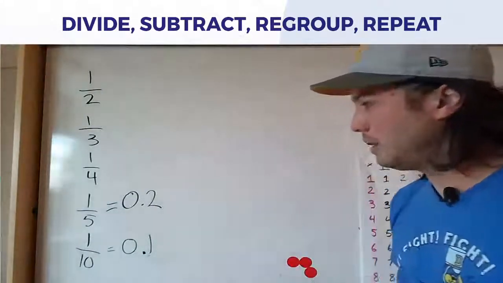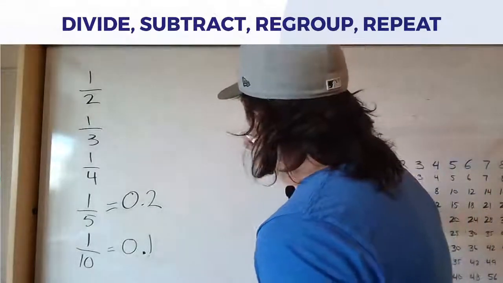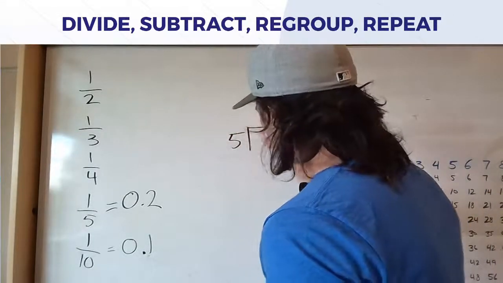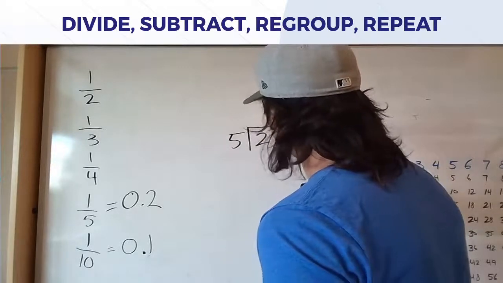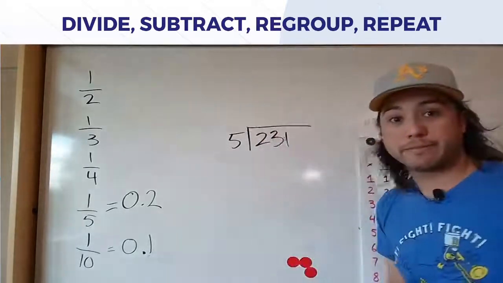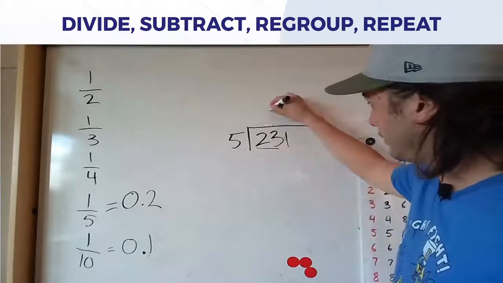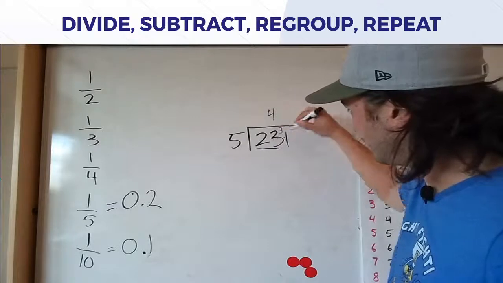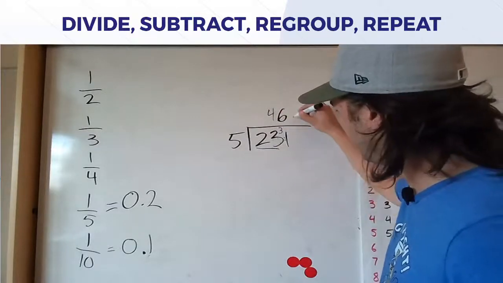So 20% is just a fifth of what your whole thing is if you're dealing with money, okay? This can be particularly important if, let's say, I have a problem like 231 divided by 5, right? 23 divided by 5 is 4 with 3 left over. 31 divided by 5 is 6 with 1 left over.